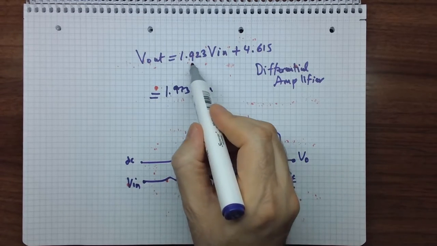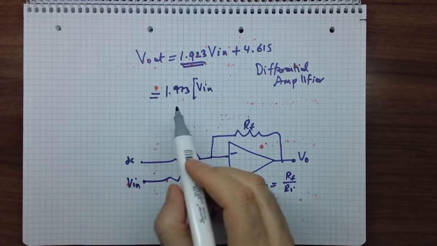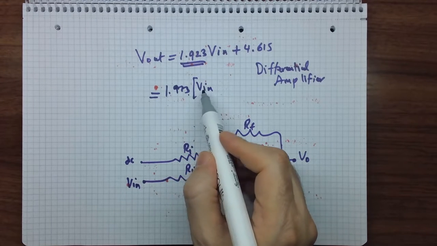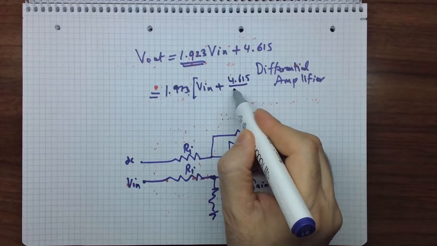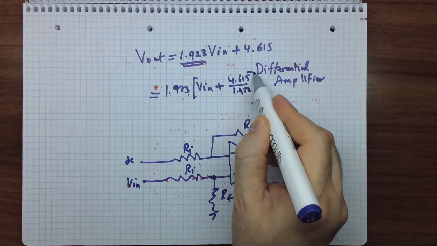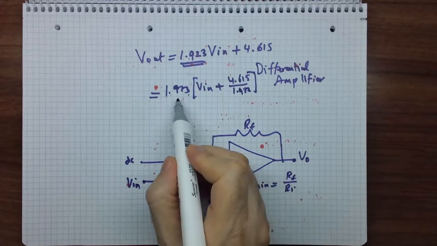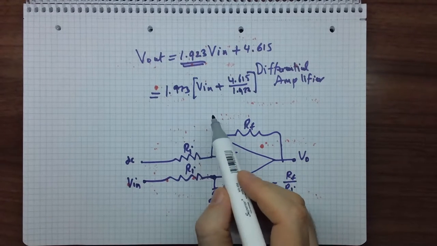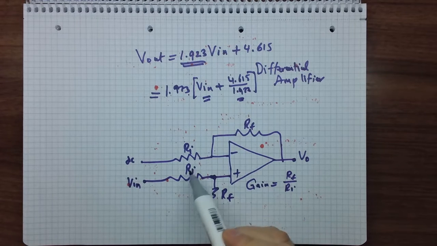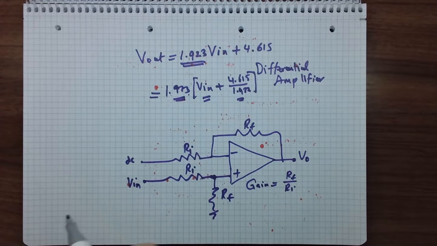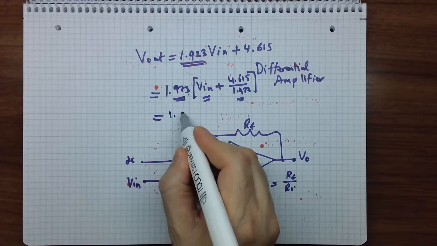We can take the gain as a common factor, 1.923 times Vn plus 4.615 over 1.923 between two brackets. So this is a common factor because we need both terms to have the same gain, which is 1.923.